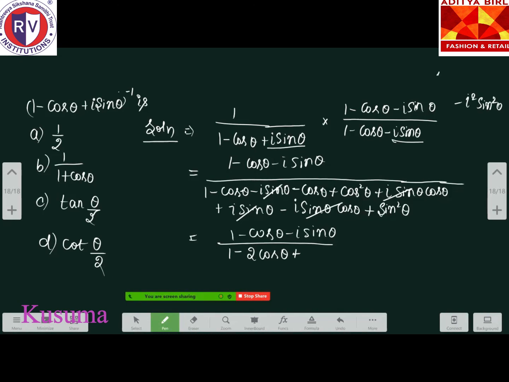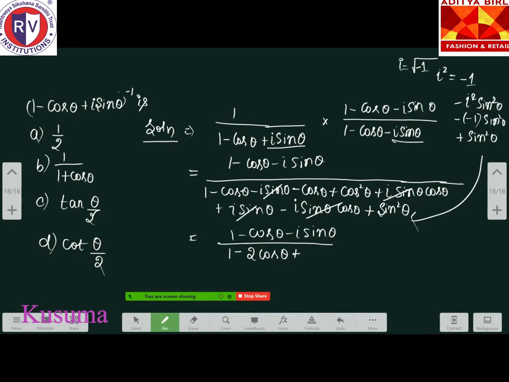But what is the value of i square? i is root of minus 1, so i square is minus 1. Just substitute minus 1 for i square, so this will be plus sin square theta. I have written this directly here.